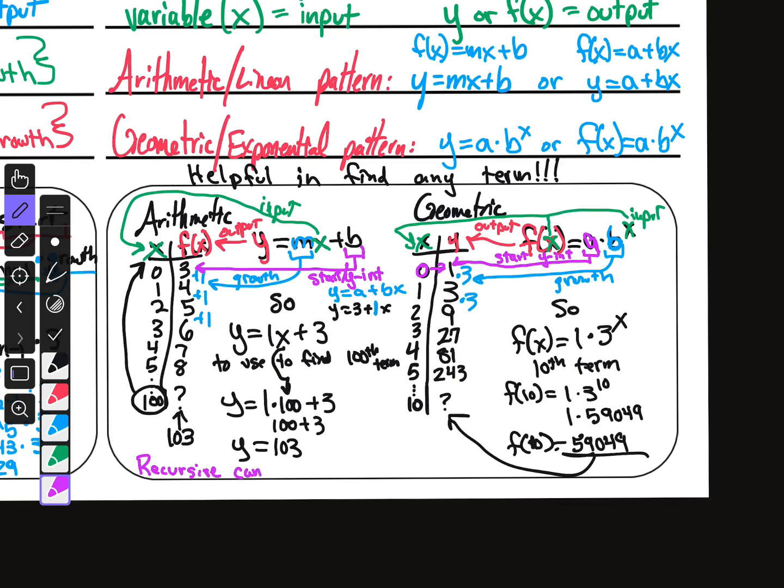Recursive can also be in function form, and it would look like this. f of n equals f of n minus 1 plus or minus or times the growth. And then f of 0 would be our start number. Okay. All right, guys. So there we go.